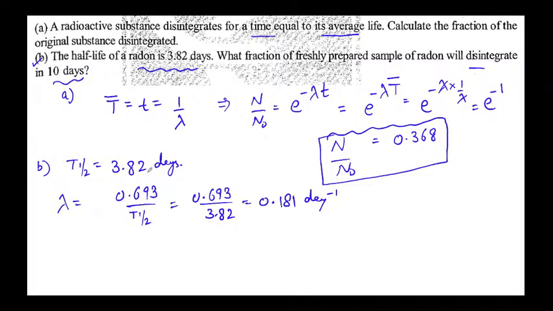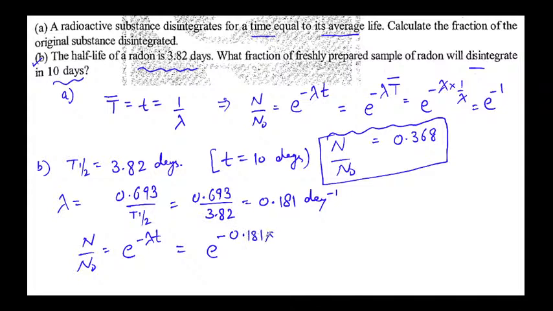Now for the disintegration in 10 days, we have to find out the fraction. So N over N0 is equal to exponential of minus lambda into t. So exponential of minus 0.181 into 10 days. So its value is minus 1.81, which is equal to 3 over 20.